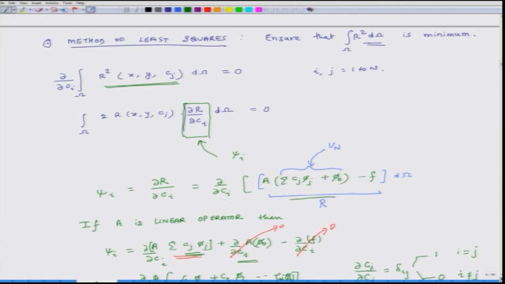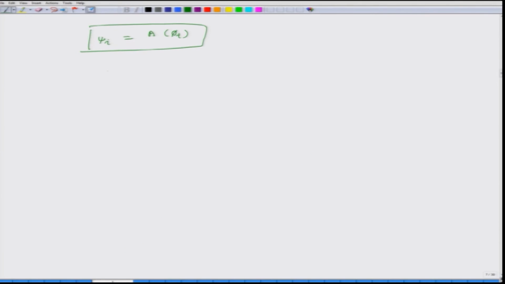So, this functional looks mathematically similar to the I functional which we had discussed in the context of the Rayleigh-Ritz method. Because of that reason, here the A matrix will be symmetric. So, in the method of least squares, your A matrix is going to be symmetric.